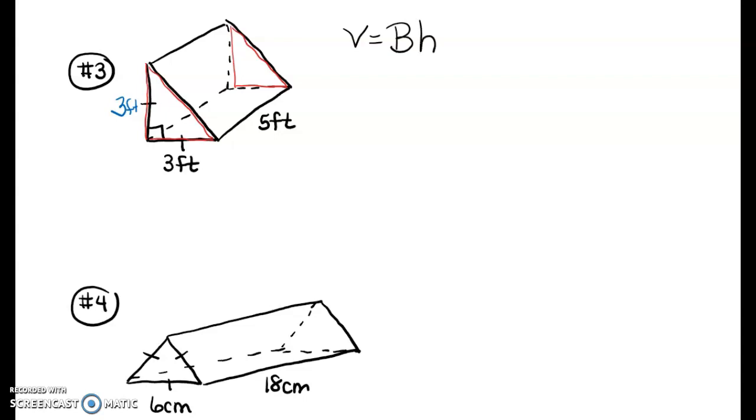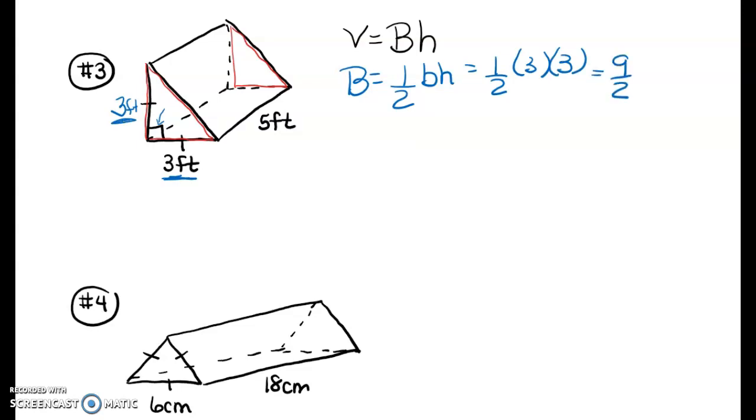Since the base is a triangle, the area of the base is 1/2 base times height, where little b is the base of your triangle. That's this number here, the bottom of our triangle. It's 3. And the height of our triangle is the perpendicular distance, right? I have this nice little perpendicular symbol here, so I know 3 is my height. So I get 9/2.